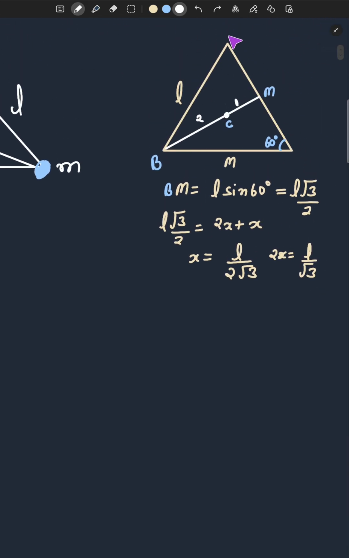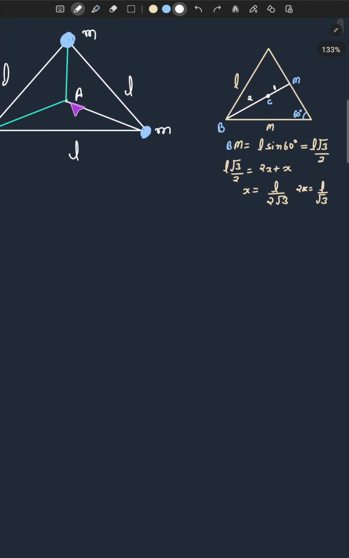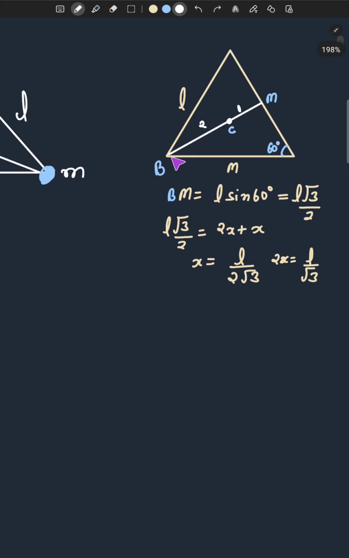We draw the same triangle, and we know that the centroid lies on the median. The centroid is the center of mass, same for this question. This BM is the median, and because this is an equilateral triangle, by symmetry this angle will be 90 degrees, so a right angle triangle forms here.